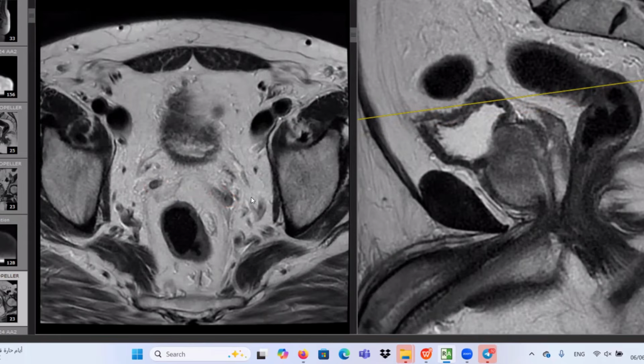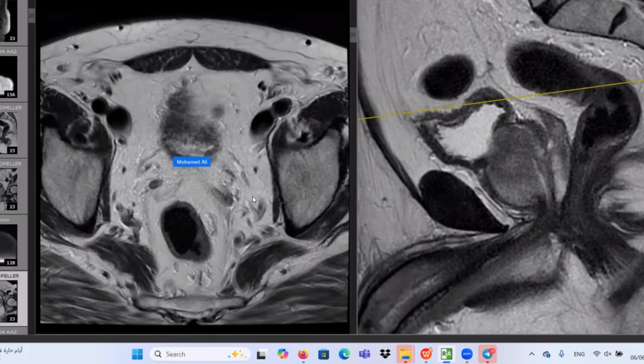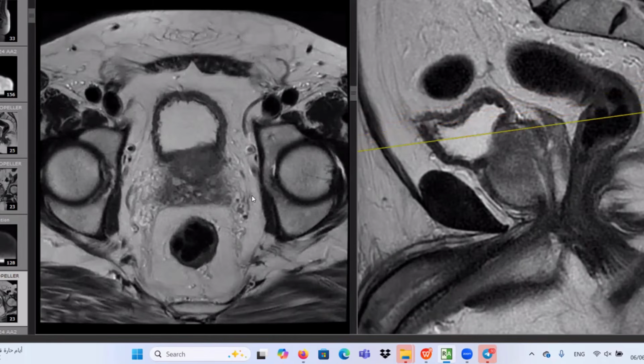This is the vas deferens. And the vas deferens goes to join the duct of the seminal vesicle to form the ejaculatory ducts. And this is the central zone.